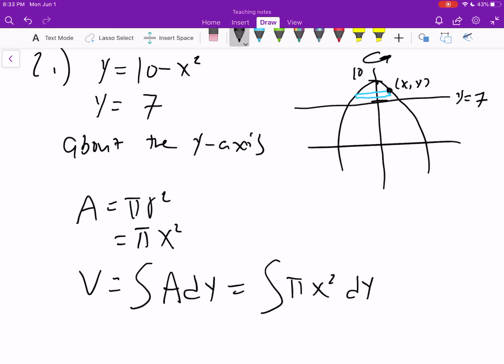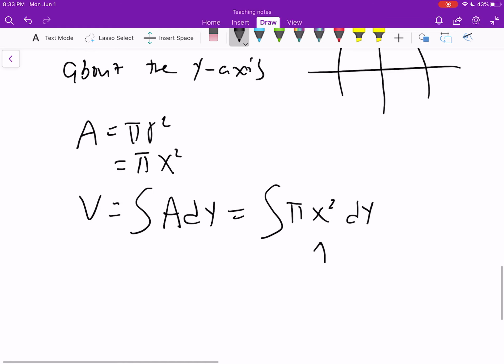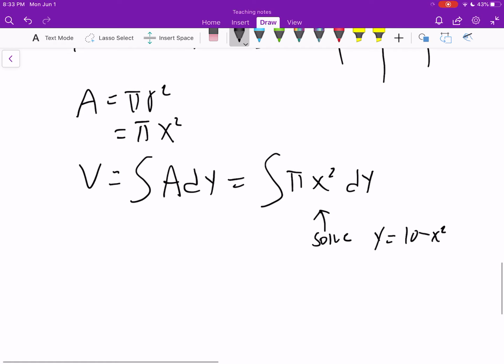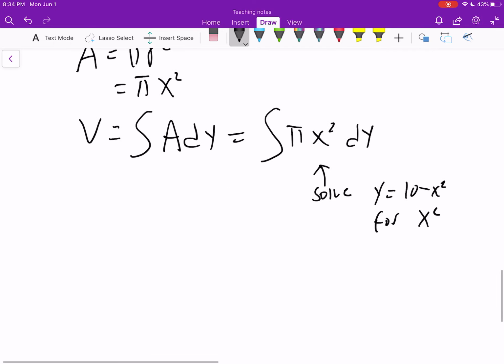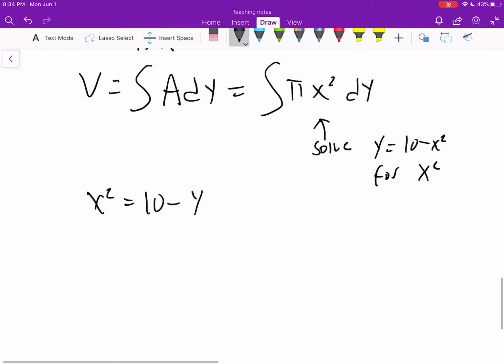So I need to solve y is equal to 10 minus x squared for x squared. When I do that, I find x squared is equal to 10 minus y. So my volume is going to be the integral of pi times 10 minus y.